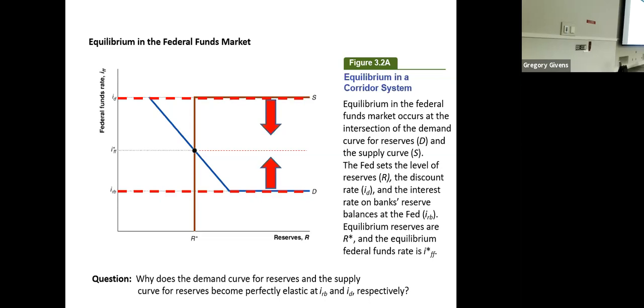In a floor system, which is what we'll talk about in the next class, the world is very different. In that system, the intersection of the supply and demand curves is way out here on the flat portion of the demand curve. And when that happens, what is the funds rate going to be equal to in equilibrium? Just the interest rate on reserve balances. So it's the floor that determines what the funds rate is in that system, whereas it's the corridor here that determines what the funds rate is in the pre-financial crisis system, pre-2008.